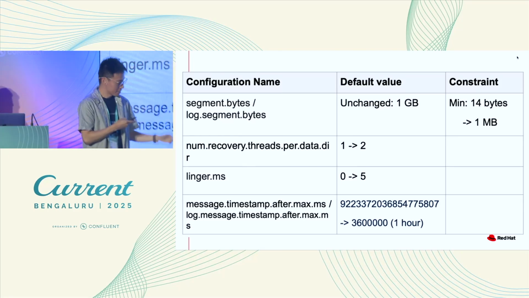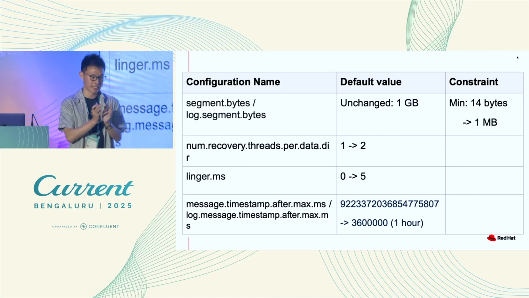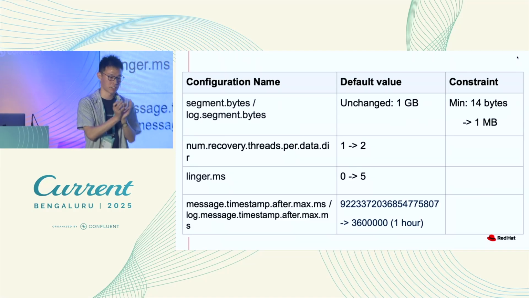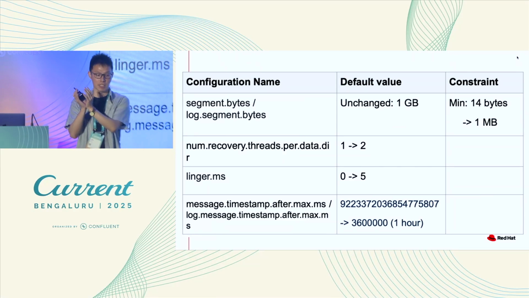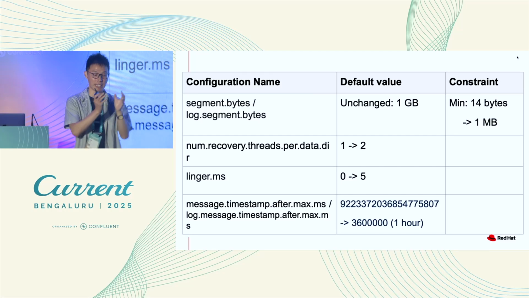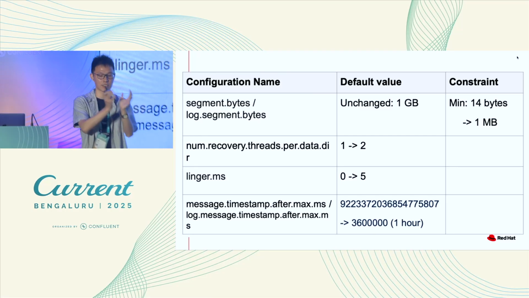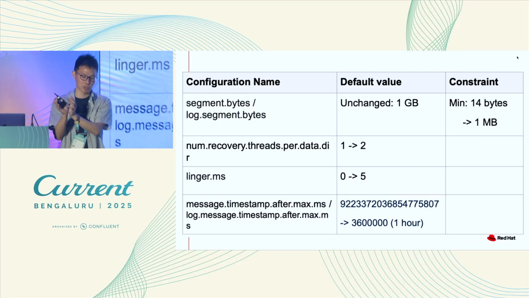And 0 means we won't do any waiting on the producer side, and we will send to the broker directly. It means we will send a lot of small batches to the broker instead of waiting for some time, accumulating more data, and sending it in one batch, in one request.